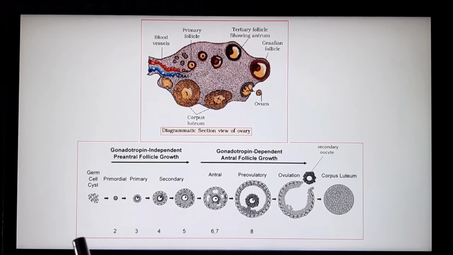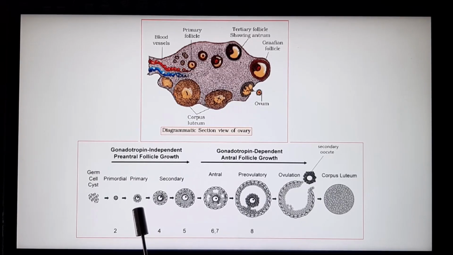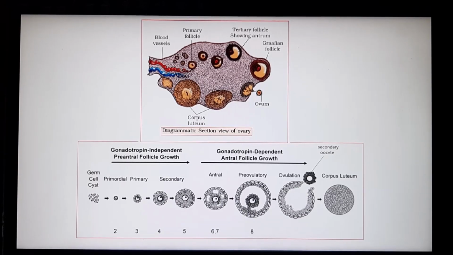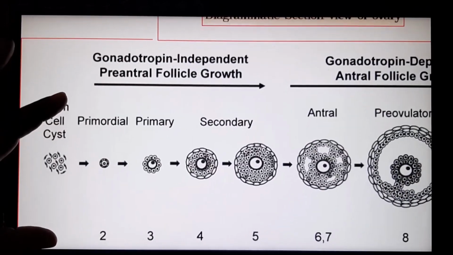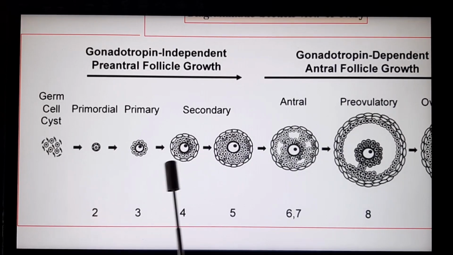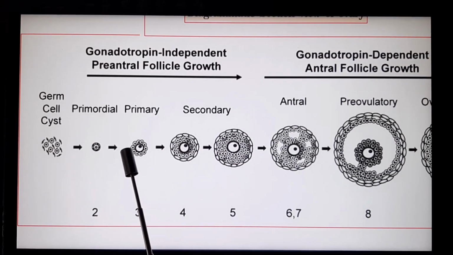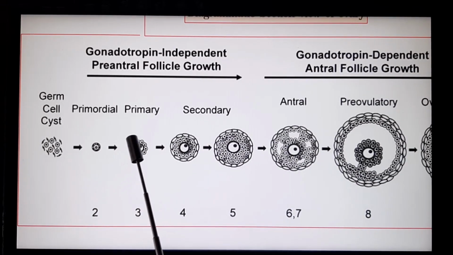In primary follicles, some granulosa cells are added over the primary oocyte, and formation of the thecal layer is started, and it develops into the secondary follicle.